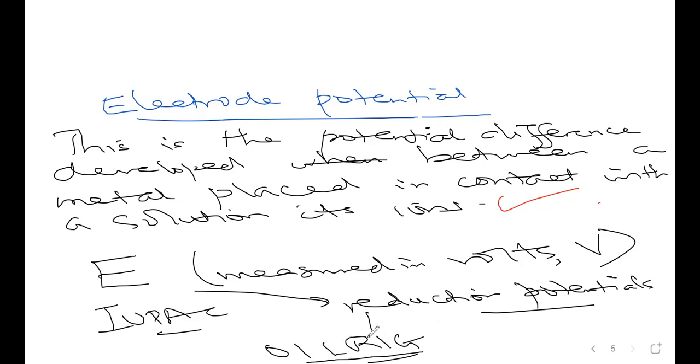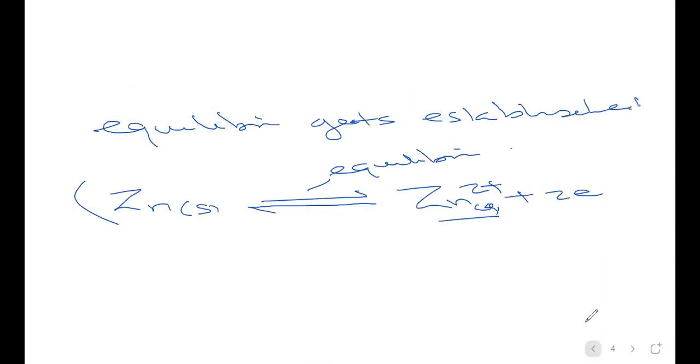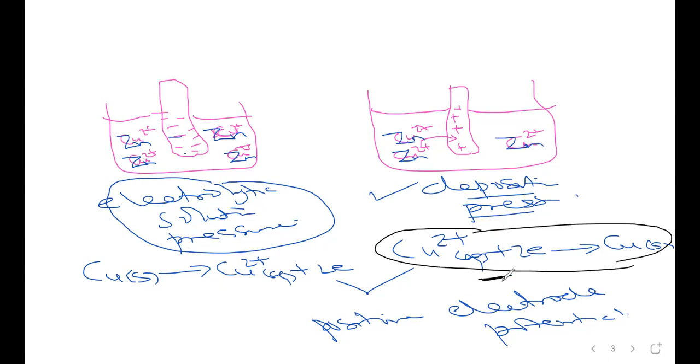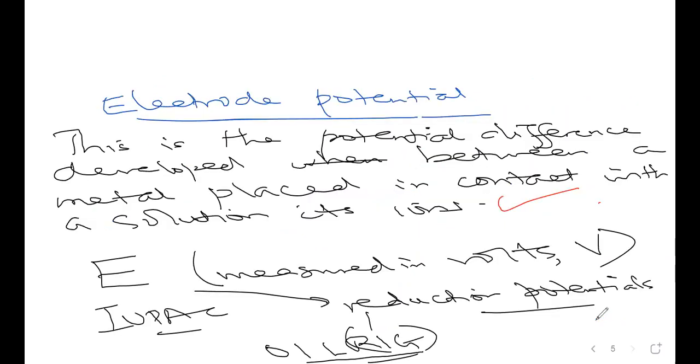Oxidation is loss, reduction is gain of electrons. So in most of our equations, we shall be dealing with this kind of equation, with electrons on the left-hand side. We shall be dealing with the reduction equations, hence reduction electrode potentials, because by convention, IUPAC suggests that electrode potentials that should be used should be reduction potentials.